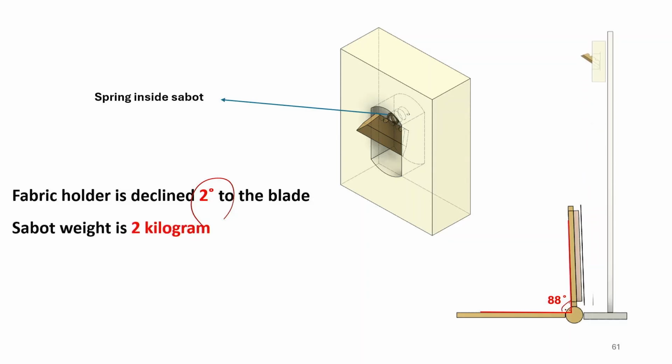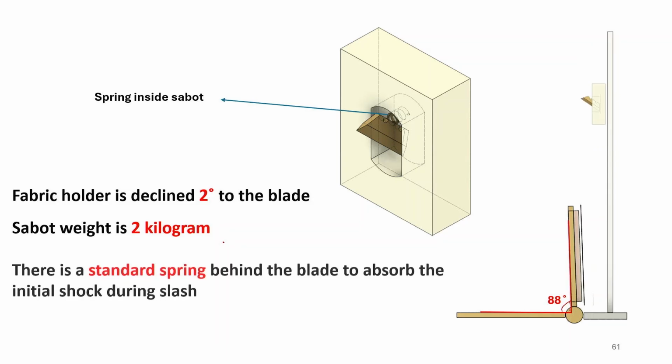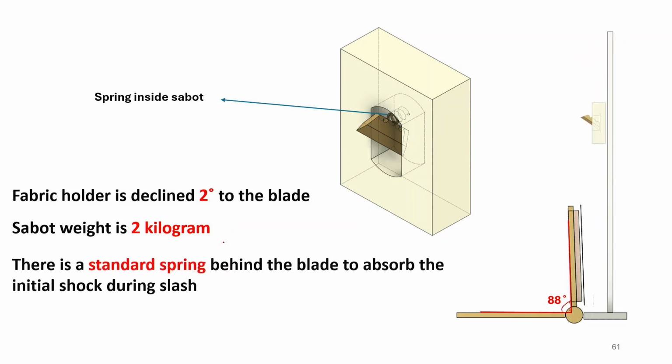The sabot weight is 2 kilograms, and there is a standard spring behind the blade to absorb the initial shock during the slash, because there will be an initial shock when there is an impact.